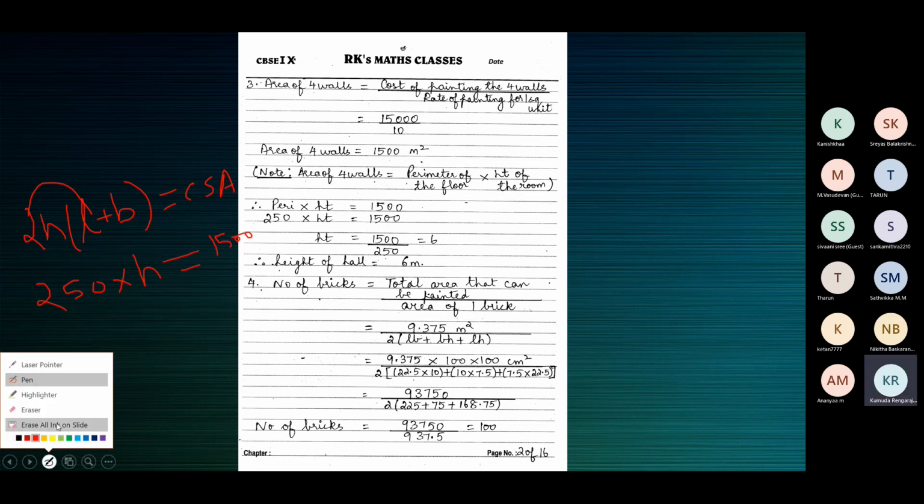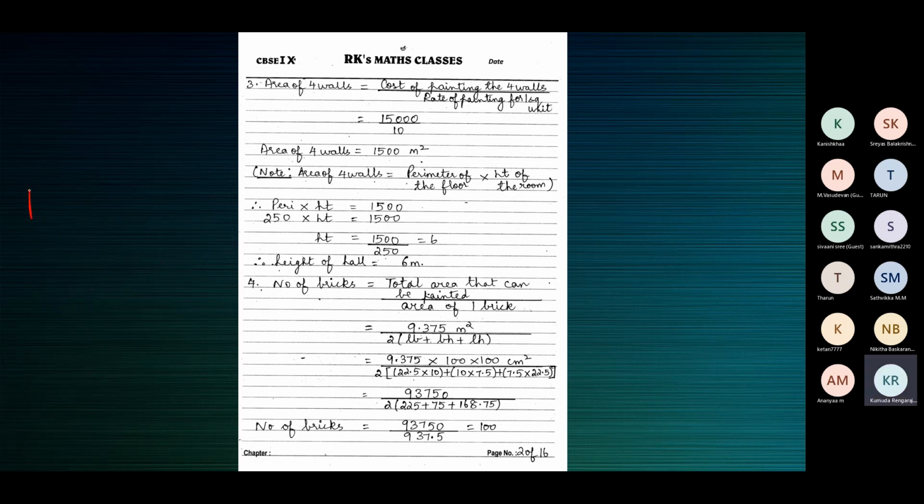Whenever we have to find a number, it will be some area by area, or it will be volume by volume.